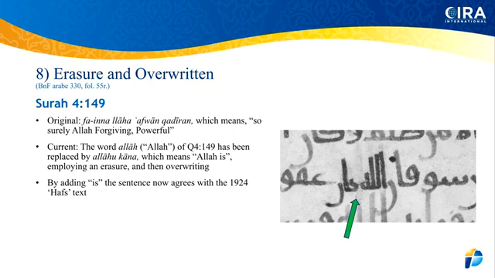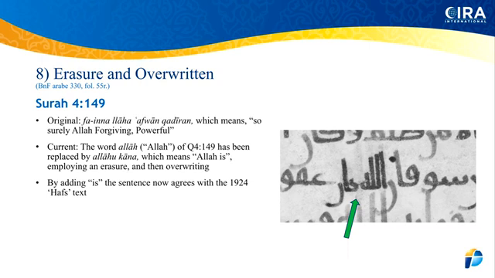You can see there's a problem there. And I think he meant غفورا, فإن الله غفورا قادرا. Now, currently, the word Allah of 4:149 has been replaced with Allahu Kana, which means Allah is, employing an eraser and then overwriting it. So you can see the eraser underneath. If you look at it, it's very, very indistinct.